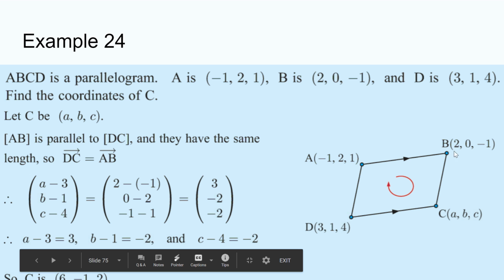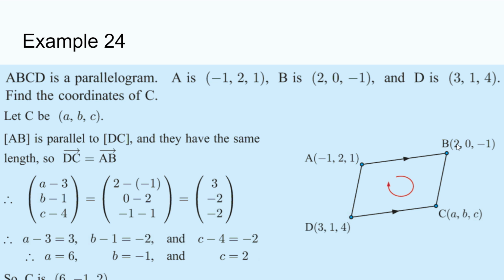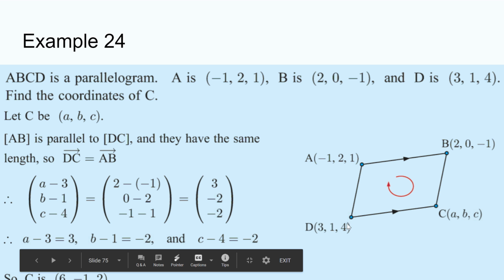So, vector AB, how do I find that? Well, to go from negative 1 to 2, that's adding 3. If I go from 2 to 0, that's subtracting 2. And if I go from 1 to negative 1, that's also subtracting 2. So I'm going to apply that same vector, 3, negative 2, negative 2, to this point D to get to point C over here.